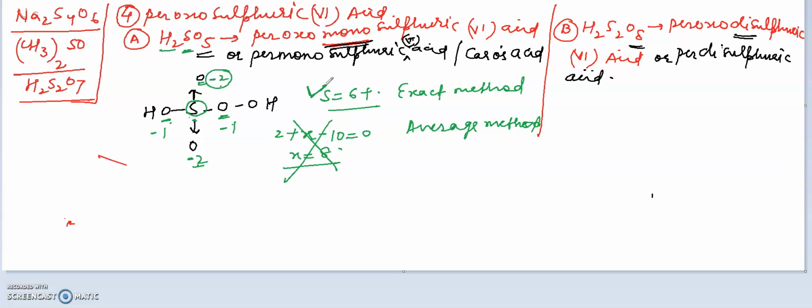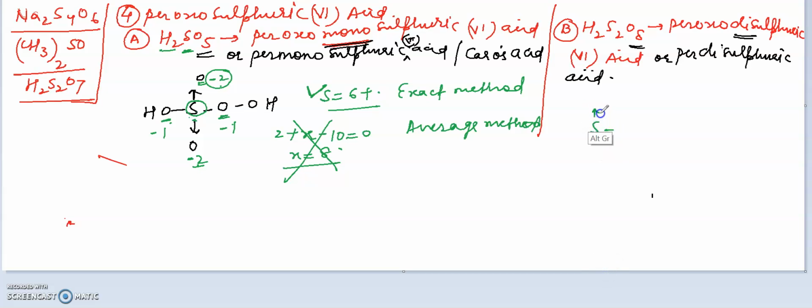Now see peroxodisulfuric acid. In peroxodisulfuric acid, the oxidation state of sulfur is to be calculated. See, first we will draw the structure.